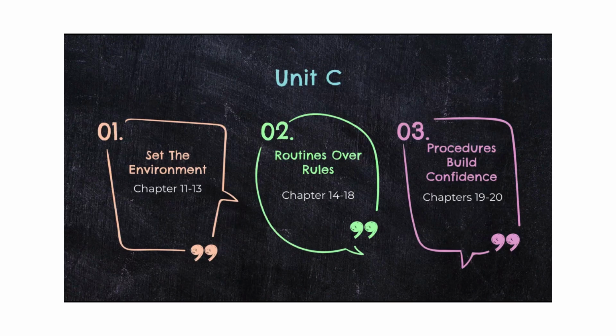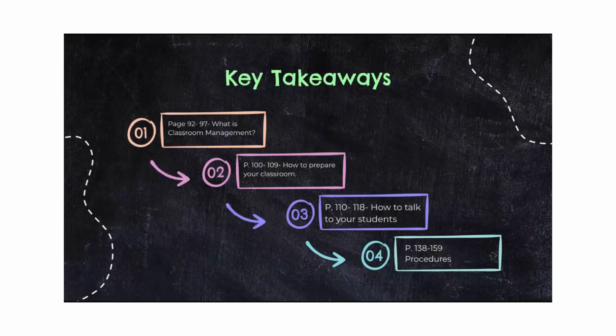In Unit C, we're going to be talking about setting the environment in chapters 11 through 13. We're going to look at routines over rules in chapters 14 through 18. And then we're going to finish it out with looking at procedures building confidence in chapters 19 through 20. All right, our key takeaways. We're going to be looking at what is classroom management in pages 92 through 97.